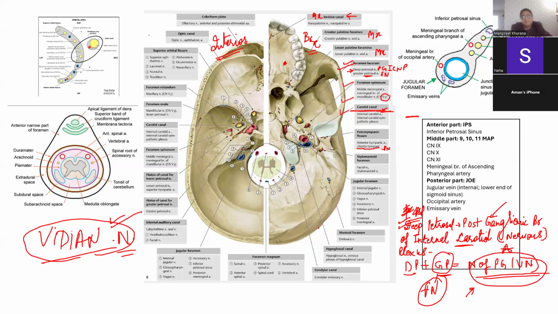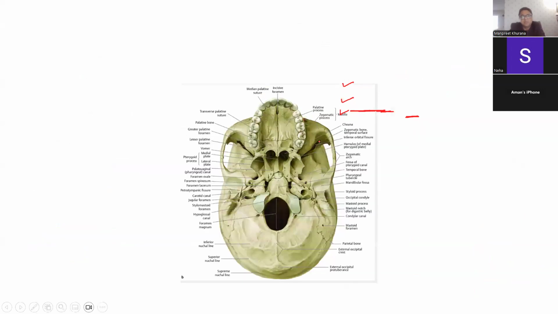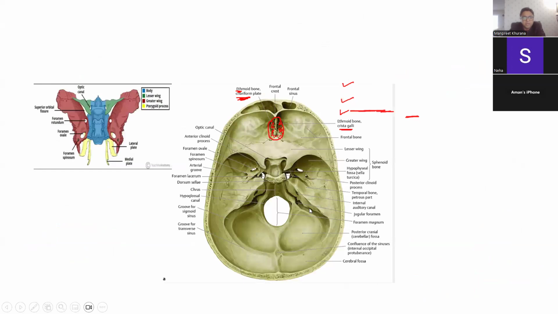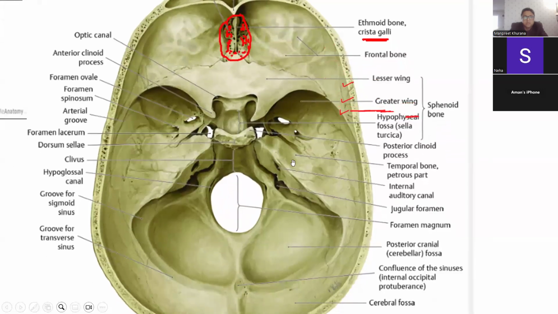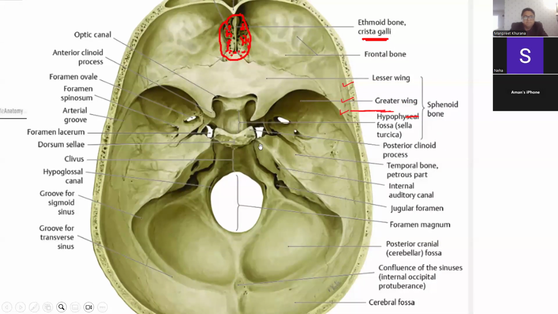Now, if I have to ask you, what is the petrotympanic fissure? In this picture it is not very clear, but I'll show you a picture where you will be able to see. Before making you understand, let me tell you about this part of the bone. This is the petrous part of the temporal bone.